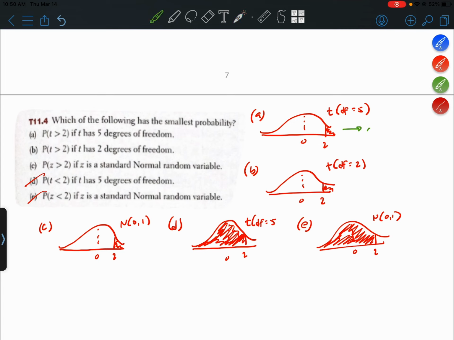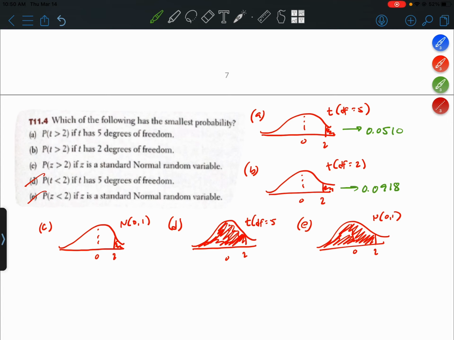This has area 0.0510, rounding. Next, TCDF, lower bound 2, upper bound 999, degrees of freedom 2. This has area 0.0918.